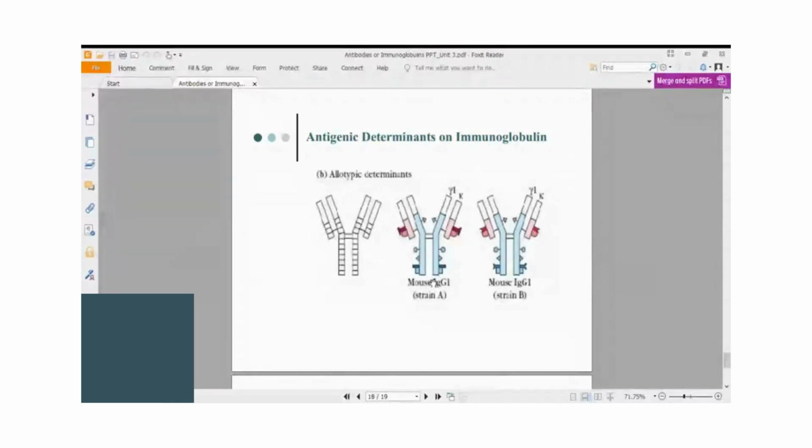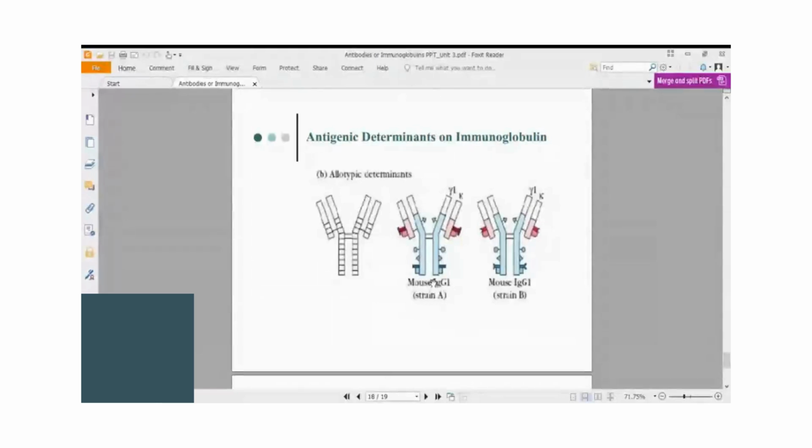The constant region domain of the heavy chain, the constant region domain of the light chain, both show a few amino acid differences among these subclasses of the immunoglobulins, that is between G1, G2, G3, and G4.